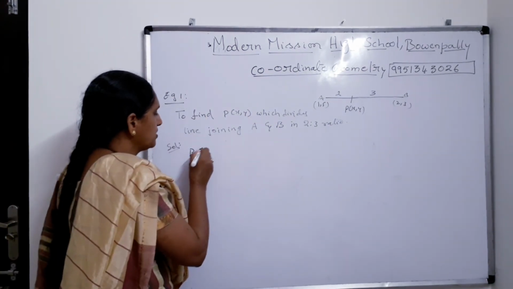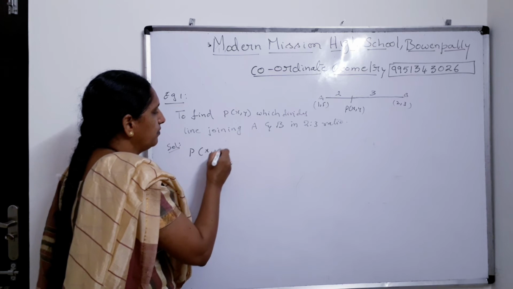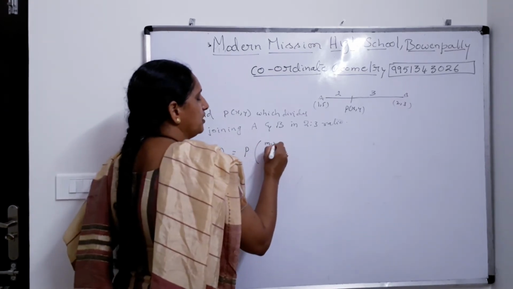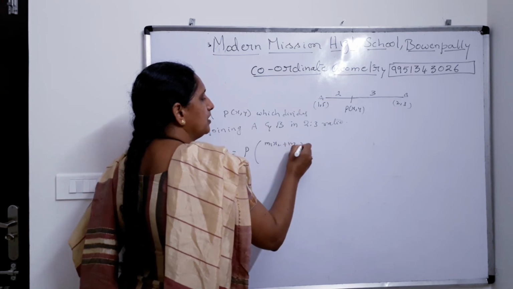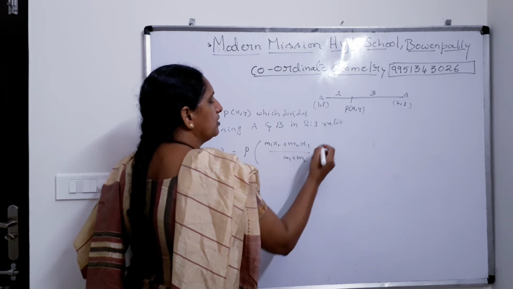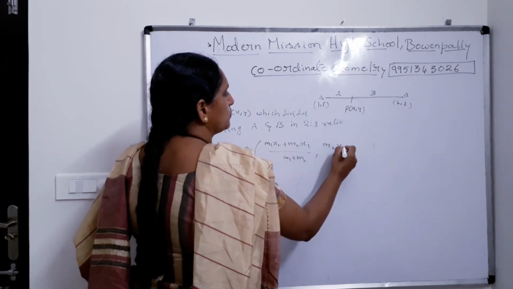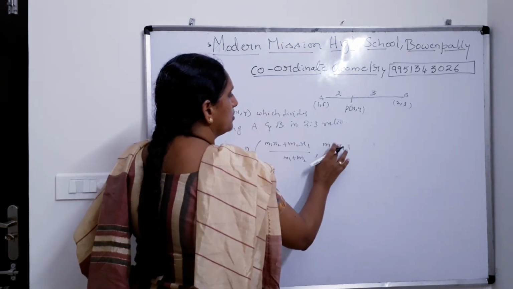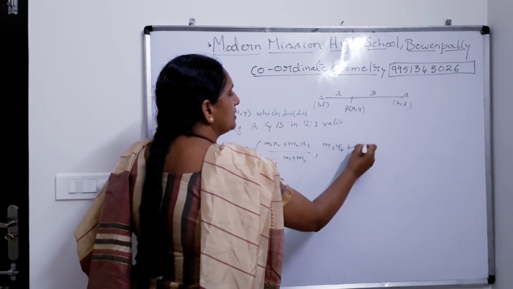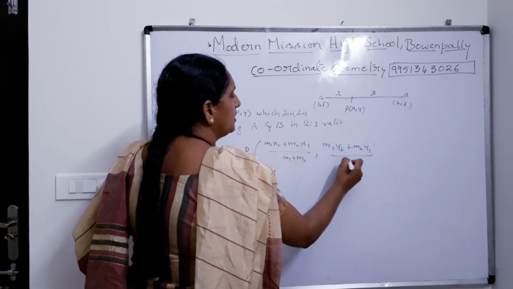So solution. What is the section formula? You can write directly the section formula. P of x comma y is equal to P of M1x2 plus M2x1 by M1 plus M2, comma, M1y2 plus M2y1 by M1 plus M2.